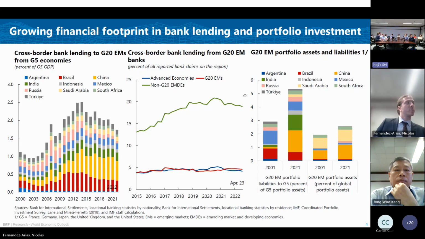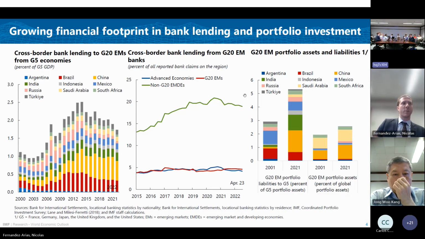It hasn't changed much in the last 7 years, since 2015. But lending to non-G20 emerging markets and developing economies is much larger as a percentage of lending to those economies, and has grown significantly from about 13% in 2015 to 20% or so in the latest observation, 2023.